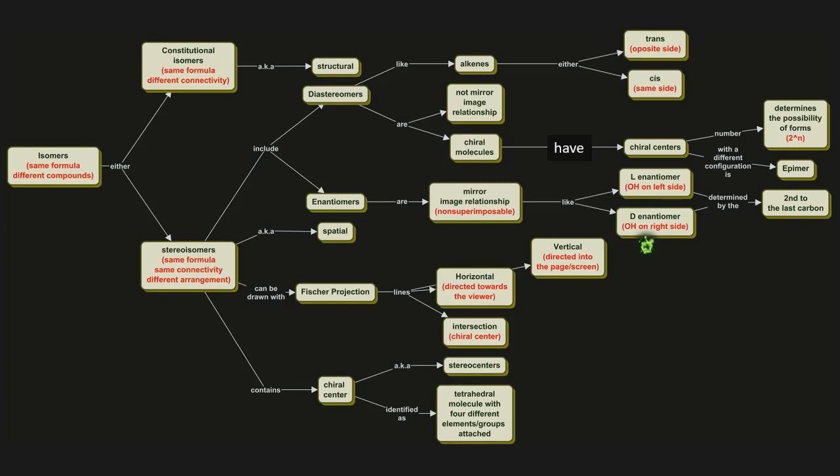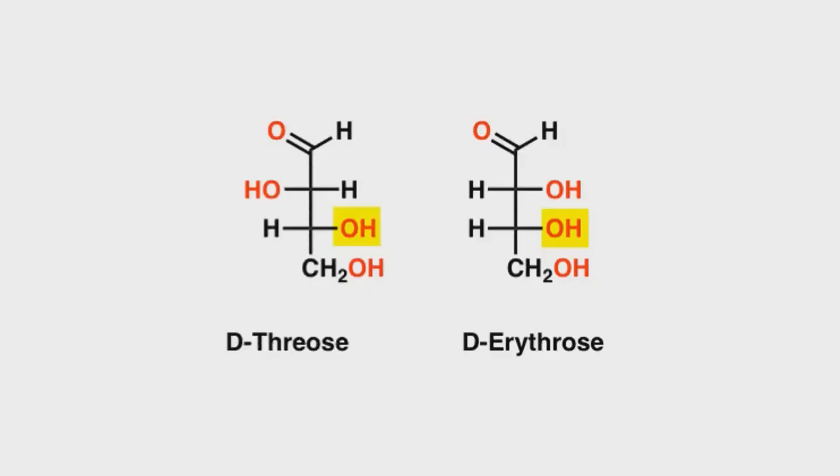So the two types of enantiomers are the D and L enantiomers. This was developed by Fischer, and D and L enantiomers are usually found in carbohydrates and amino acids. The OH here is what makes this threose the D threose, because it is projected towards the right, and all enantiomers that are projected towards the right because of this OH are considered D enantiomers.